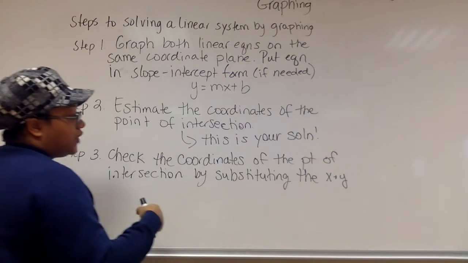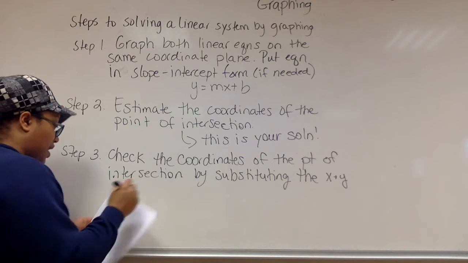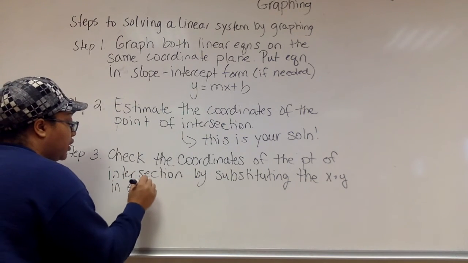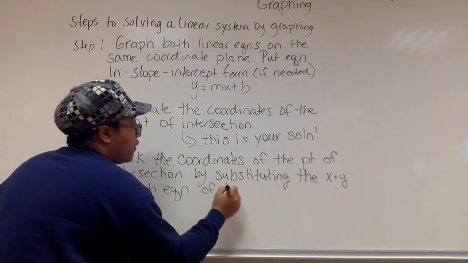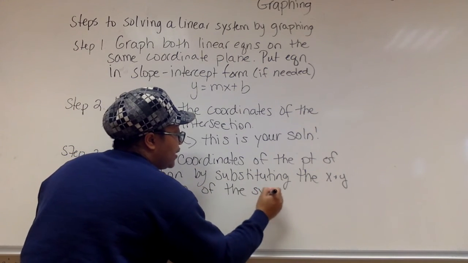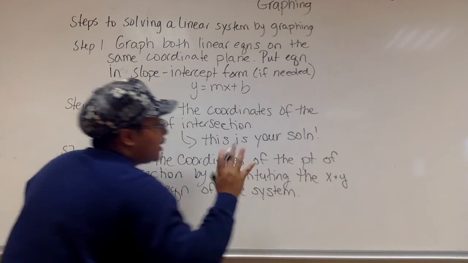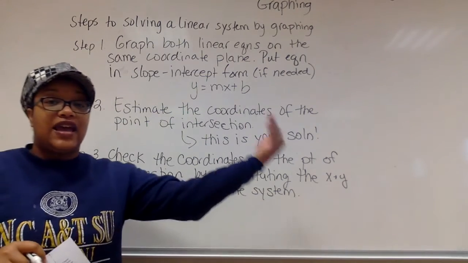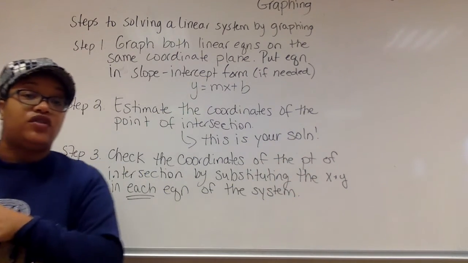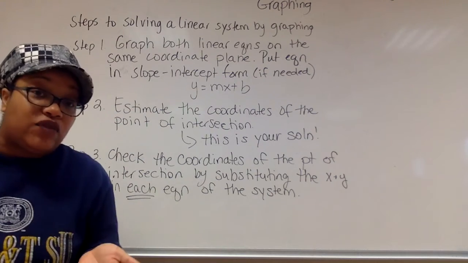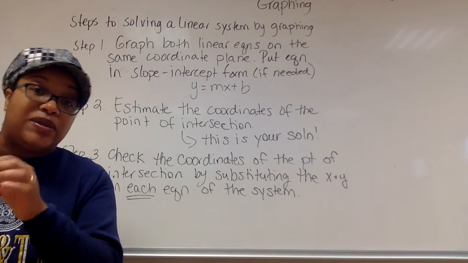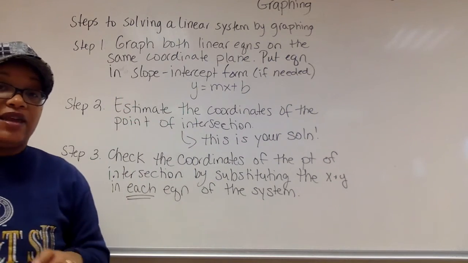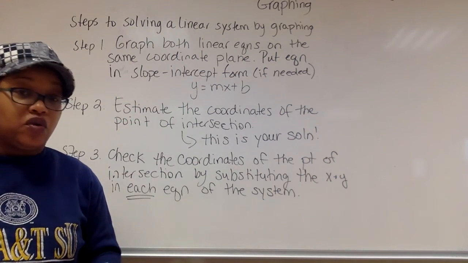That ordered pair is going to give you the x and y, in each equation of the system. So what's going to happen is if you plug in your x and your y, you should get the same number on the left as you do on the right. If that's the case, then you've got the point of solution. If you don't, then you're off a little bit and you need to go back and check your estimate and make sure that you got the right coordinates.